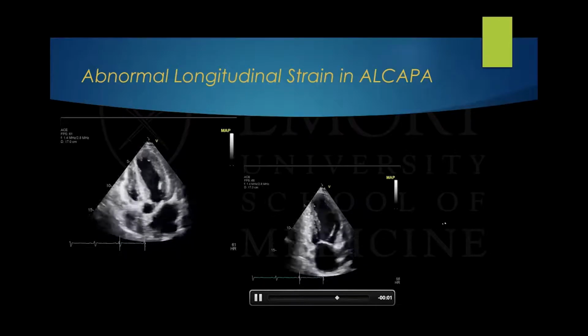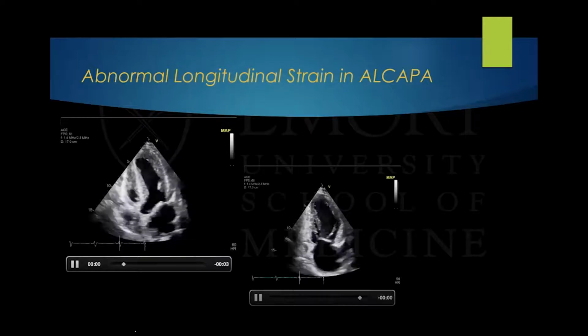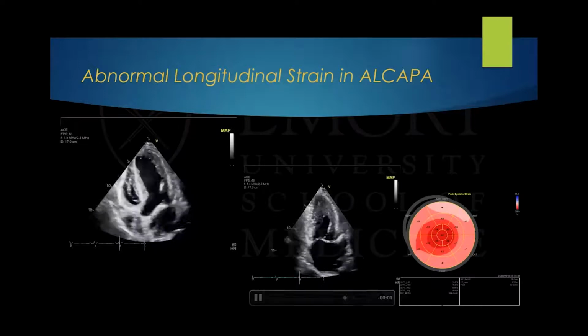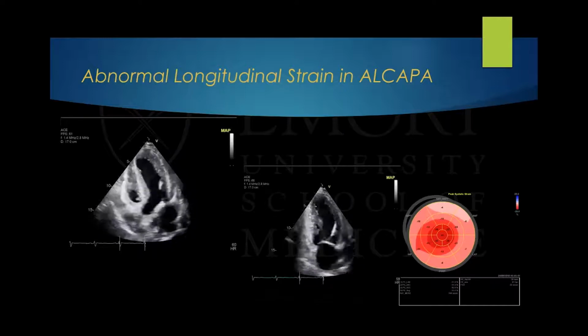And we will just say that this ventricle has normal ejection fraction. However, the systolic function is abnormal if you look at the strain in this particular ventricle. So EF doesn't truly tell you what the systolic function of the ventricle is. Always look at your strain.